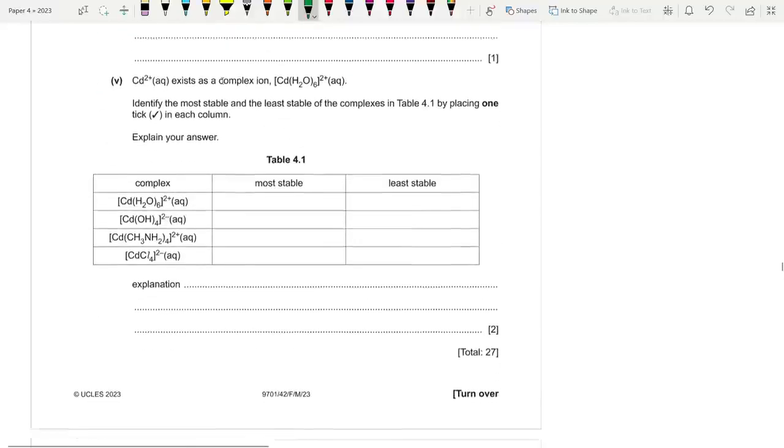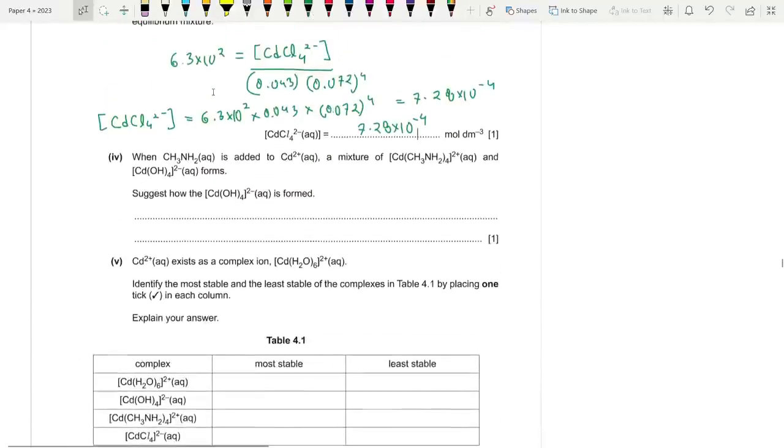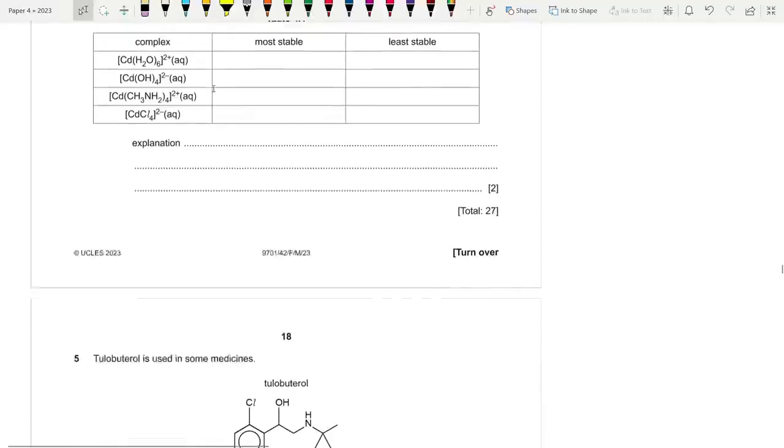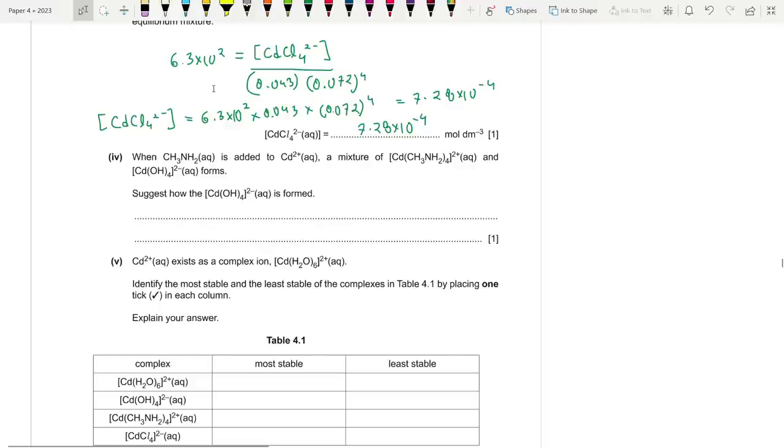Understood? This is a huge question, by the way. Also OH- is produced because methylamine is a base, right? So when you add it to water, it accepts protons from the water, so some extra OH- ions are produced.